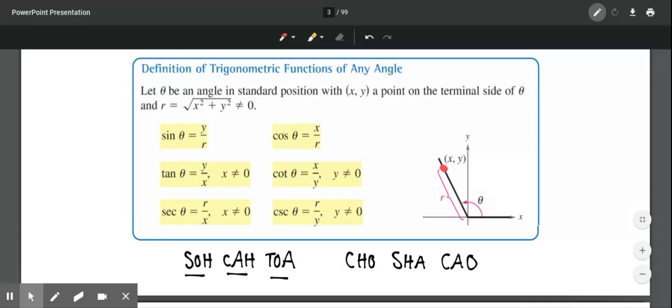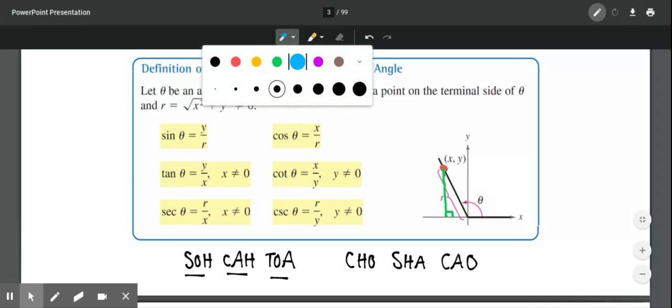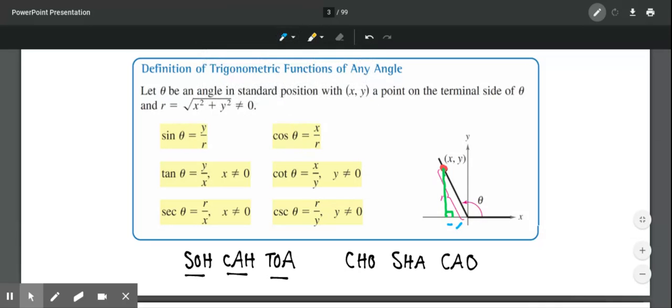If you were to drop a vertical line straight to your x-axis, it forms this right triangle, and we have our values. So this x we would call a negative x, and this y we would call y, and then this is what we would call r. And we would just use the negative x in this case because it's negative on the x-axis.